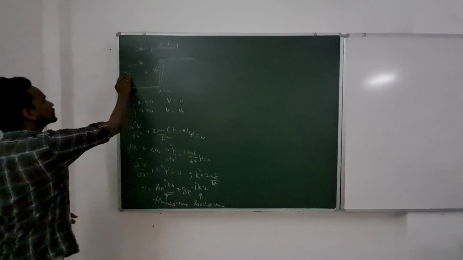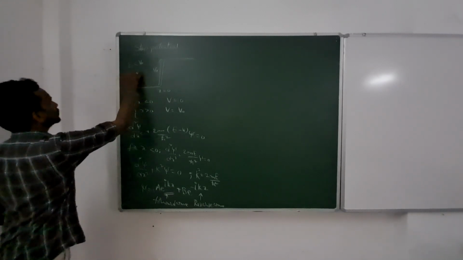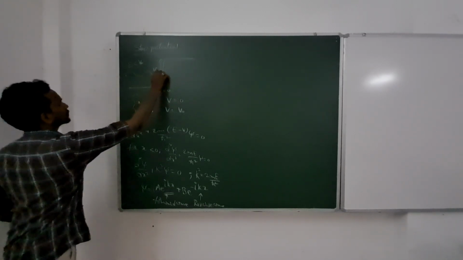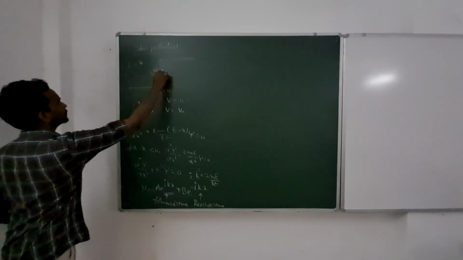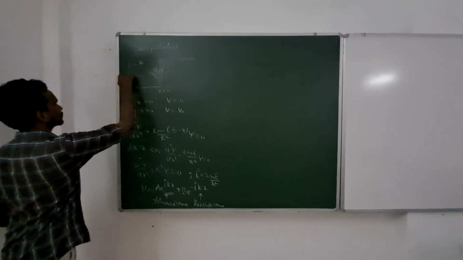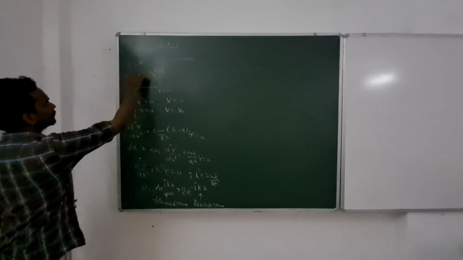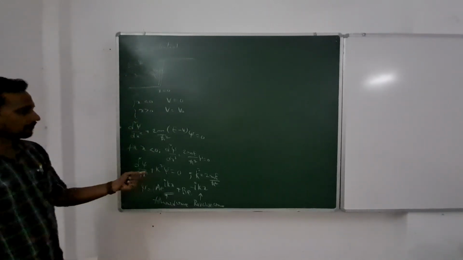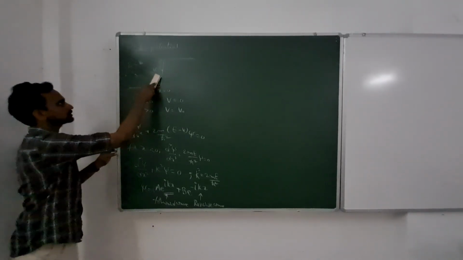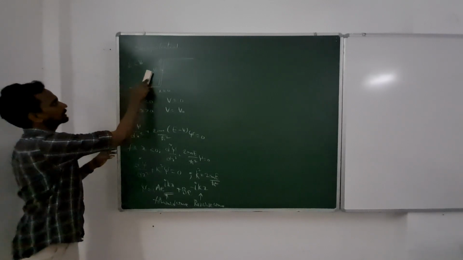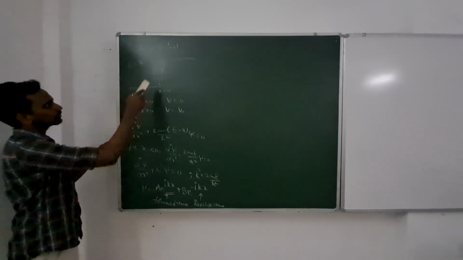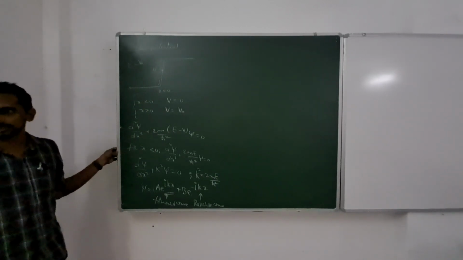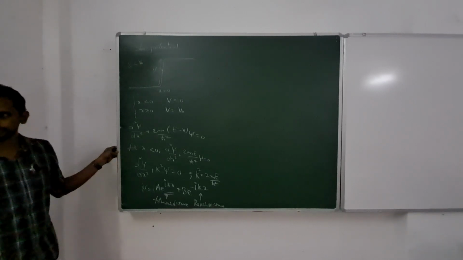So in this region, region 1, the system is saying there are two possibilities. One is a forward moving wave, another is a backward moving wave. These are the two possible solutions, and it is our choice to keep both or consider any one of those.